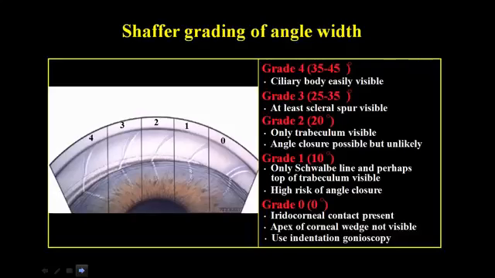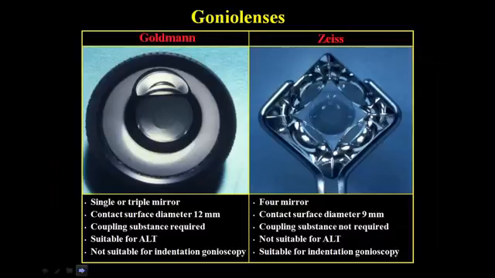Gonioscopy is done with the help of gonio lenses, and the commonly used gonio lenses include the Goldmann gonio lens, which can be a single mirror or a triple mirror, and the Zeiss 4-mirror gonio lens.